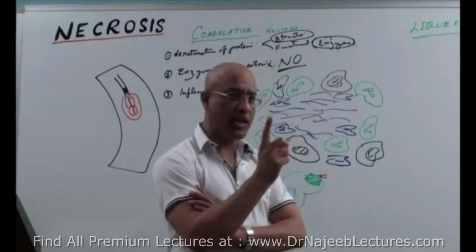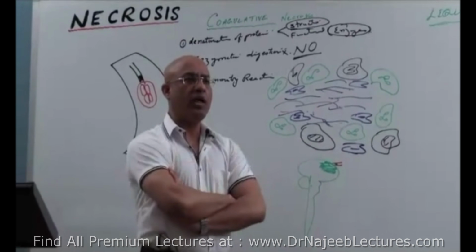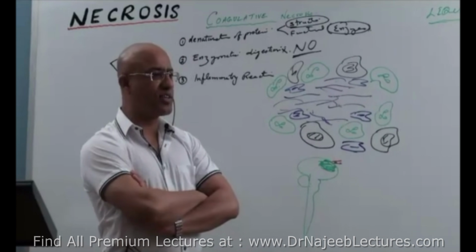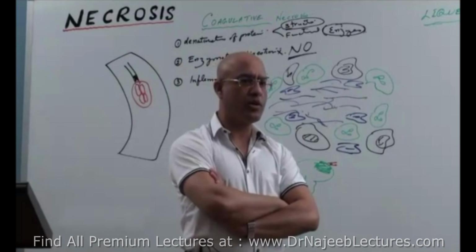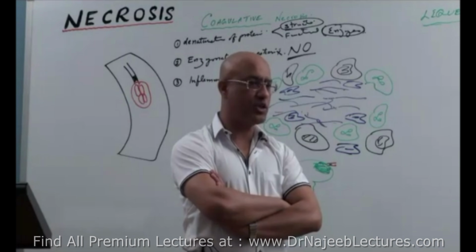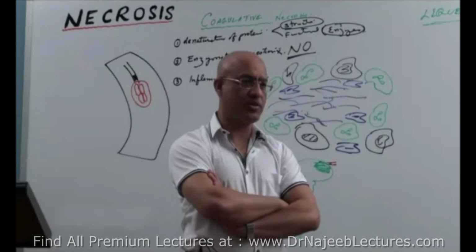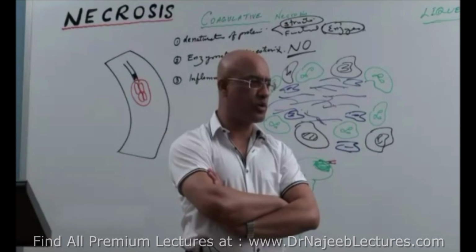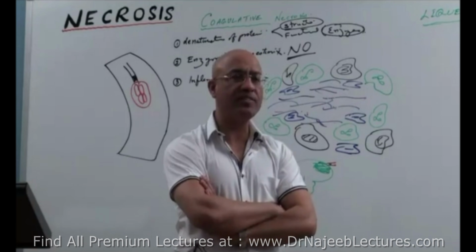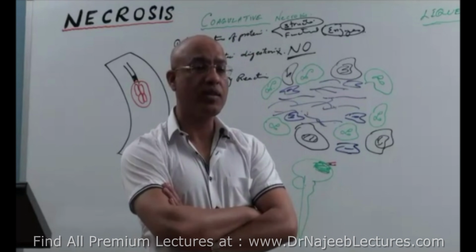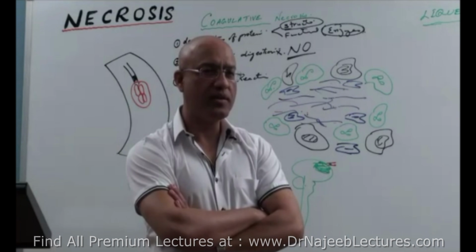Right? The only exception is the central nervous system, where severe hypoxic or ischemic injury leads to liquefactive necrosis. We are not very sure why, when structural proteins undergo denaturation in the central nervous system, the enzymes remain active and the tissue gets liquefied.